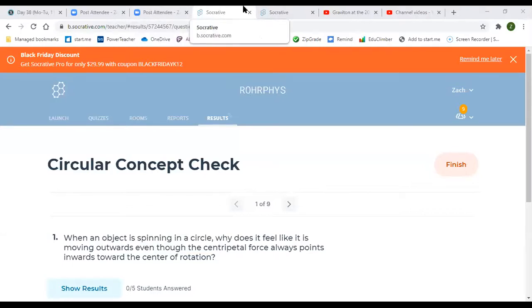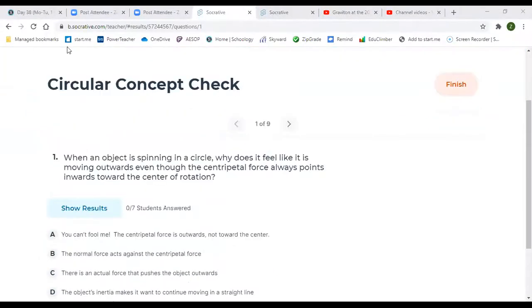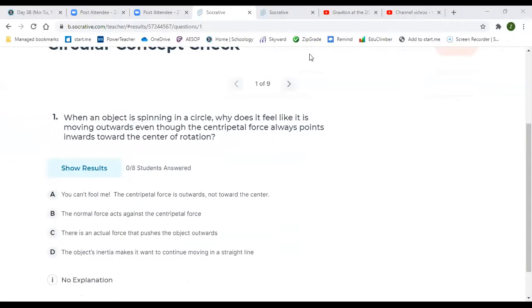All right, once you're logged in there, you can look at that first question. If an object is spinning in a circle, why does it feel like it's pushed outwards, even though the centripetal force always points inward towards the center of rotation? Parker, we're on Socrative right now, so it's www.socrative.com, and I'm sending you the code on the chat.